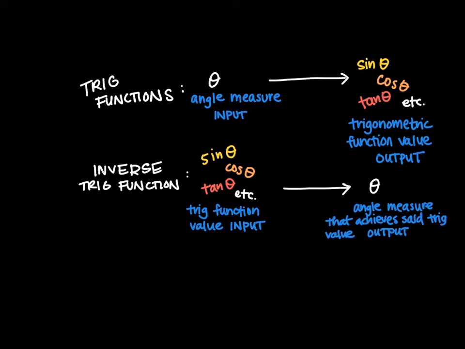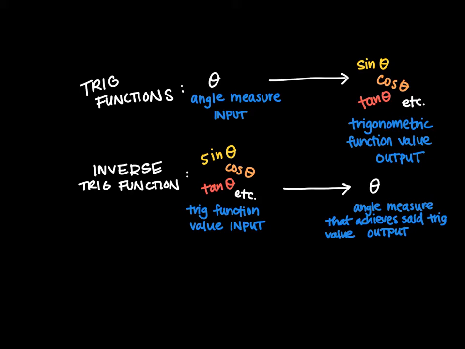In beginning to think about inverse trig functions, we also need to remind ourselves what a function is, right? And this is the key part that makes trig functions very, very tricky to invert. Well, an inverse function not only needs to undo the effect of the original function, but it needs to be a function itself, right?